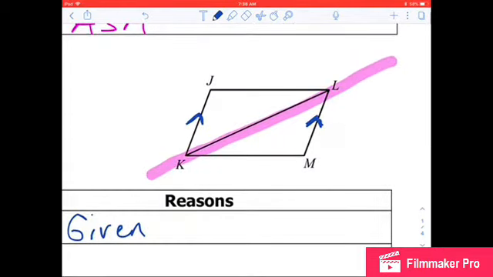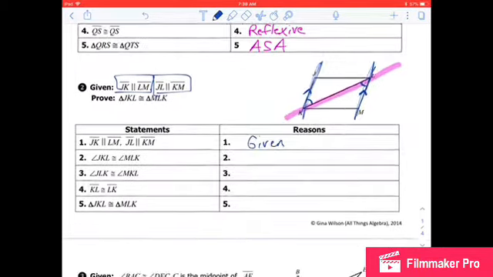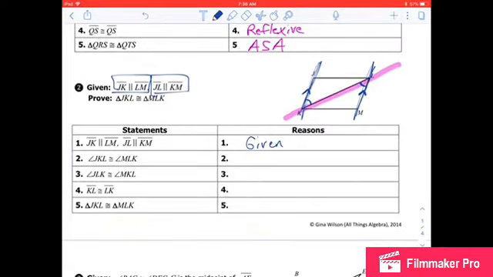Parallel lines create angles that are congruent. So if you look at this, these two angles, if these are the parallel lines, they're on the interior, right? And they're alternate interior angles. So JKL and MLK are congruent by alternate interior angles.